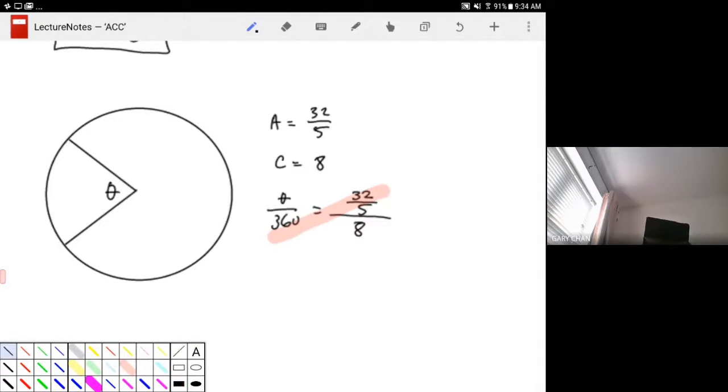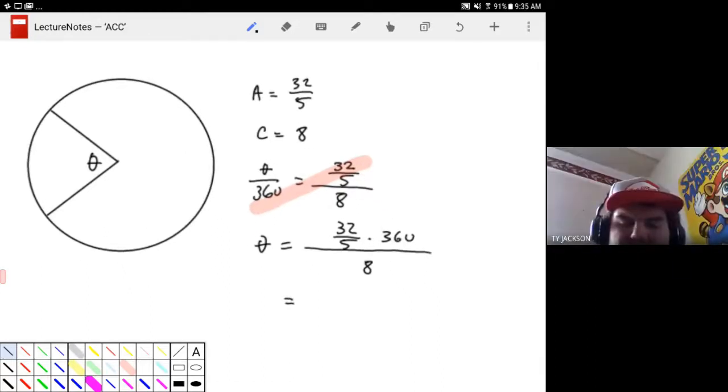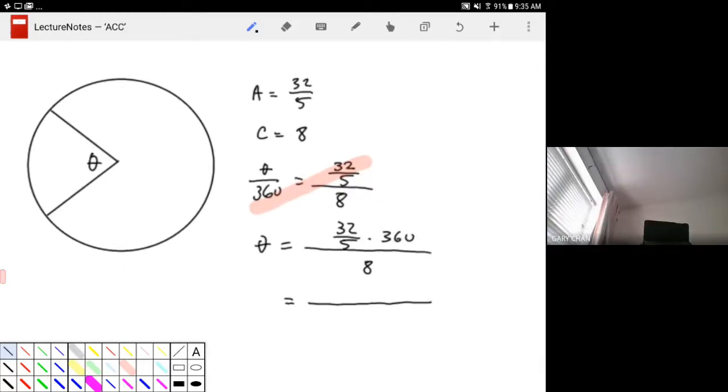And if you do that, you get theta is equal to 32 over 5 times 360 all over 8, right? It's 288. Say that again. Theta equals 288. Oh, you did it all in one step already. Yep. Nice. Theta is equal to 288. Okay. And I'm going to stop presenting.